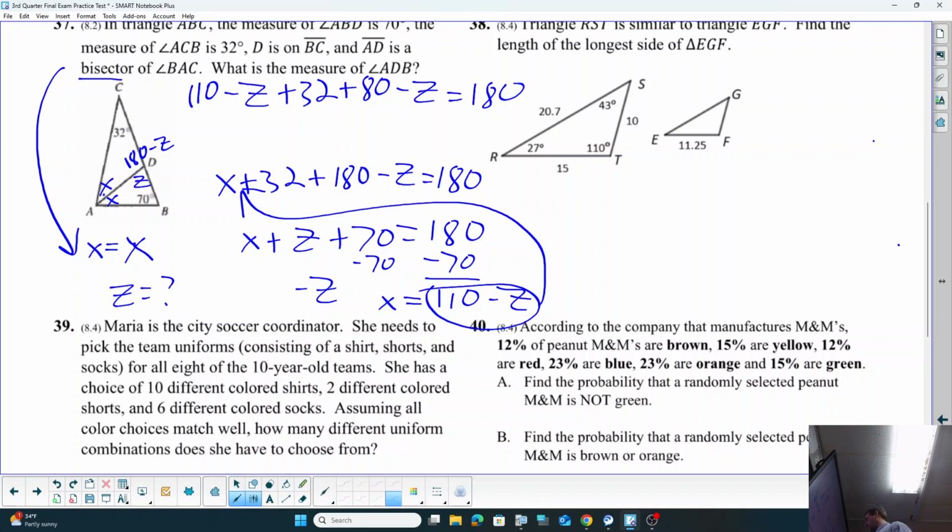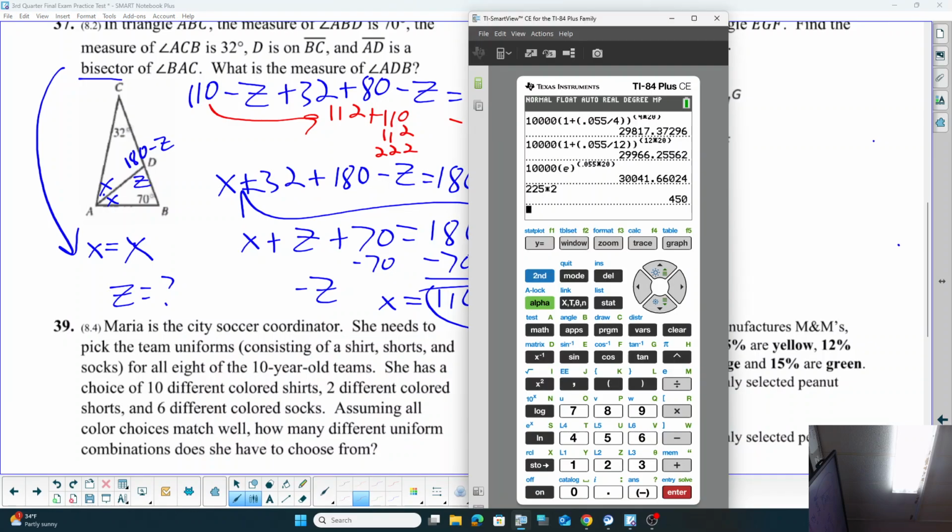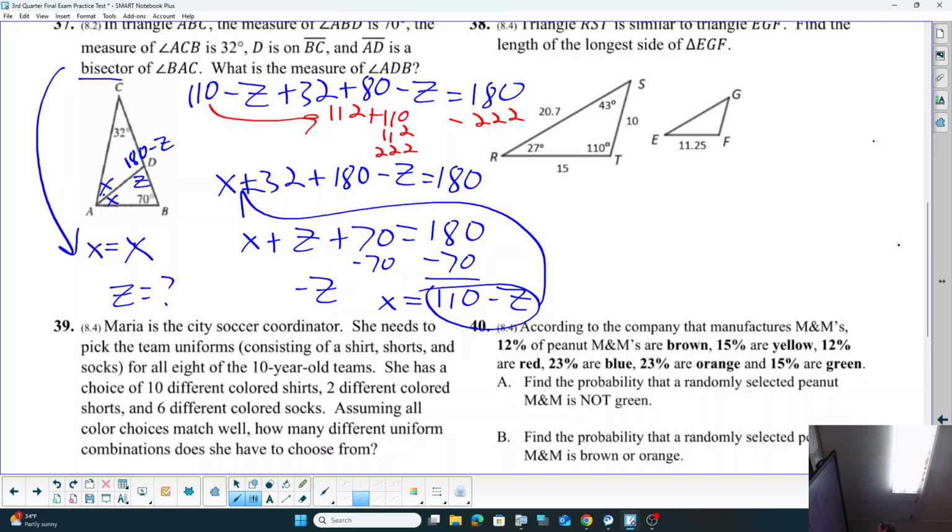So we got 112 plus 110, which is 222. So we'll minus 222 from 180, and that's going to be negative 42.